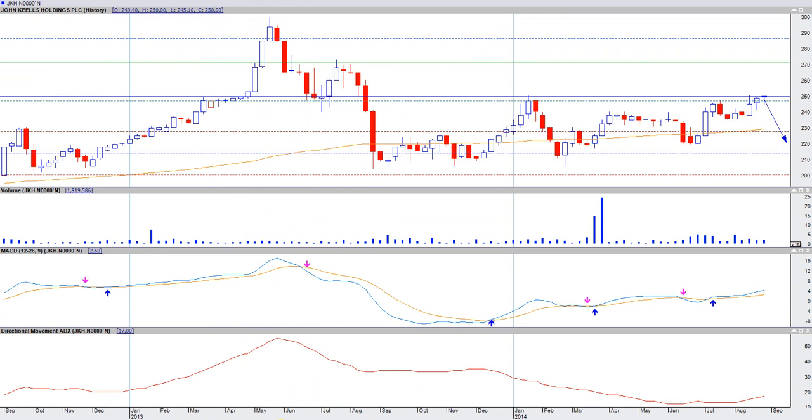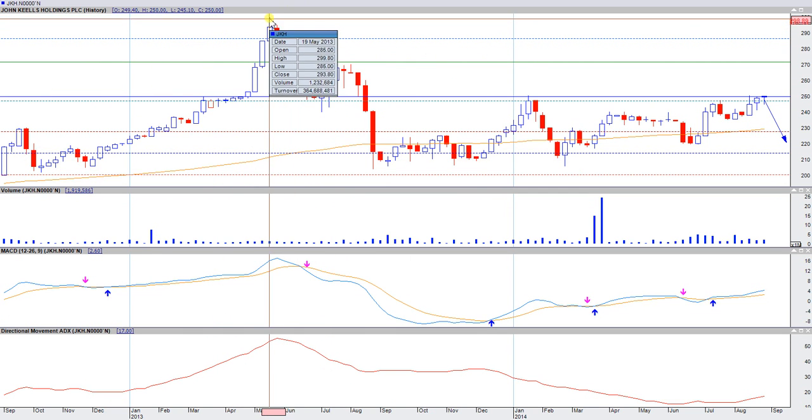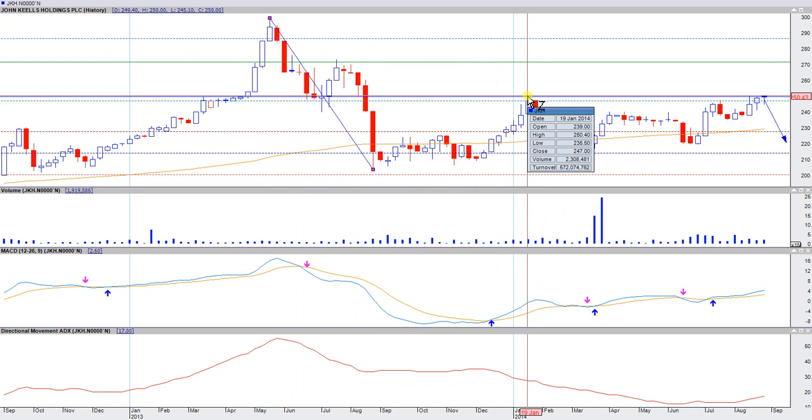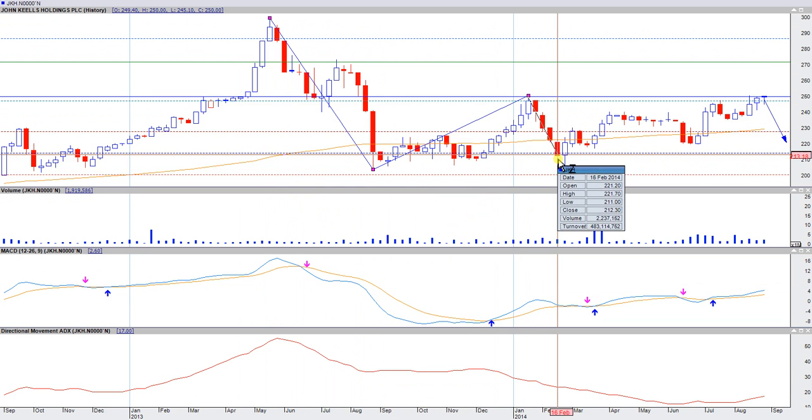Okay, now I'm going to draw the harmonic here. This is the lowest here, and it comes down here.